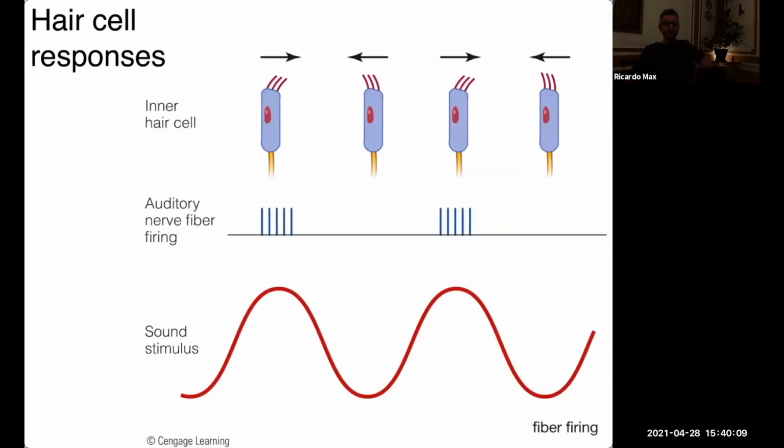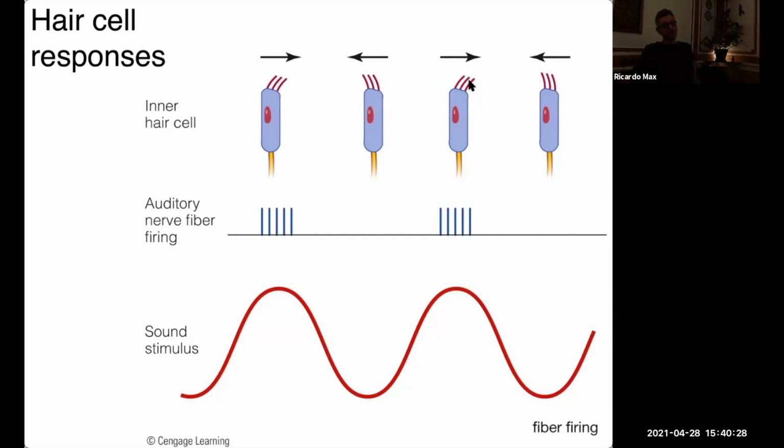And we also saw, and this is important for what we are going to talk about today, that this movement works like a light switch. When it tilts to one side, it opens the channels and then it fires, and when it stands, it closes.